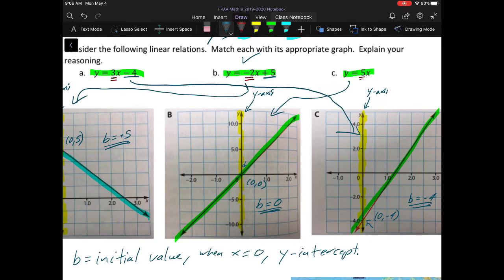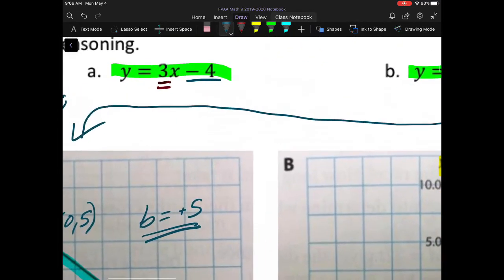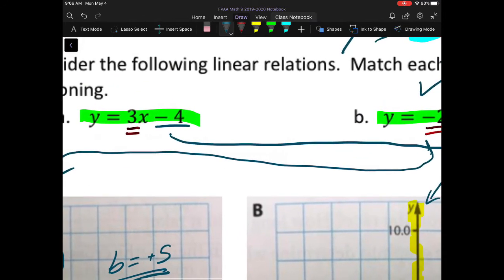Another way that you can confirm this is to use test points, which just means to plug numbers into the equation to see if the points that you get are on the line. So for example, when I plug in x is equal to 1 in this equation, I'd get y is equal to 3, substituting 1 in the place of x, minus 4.